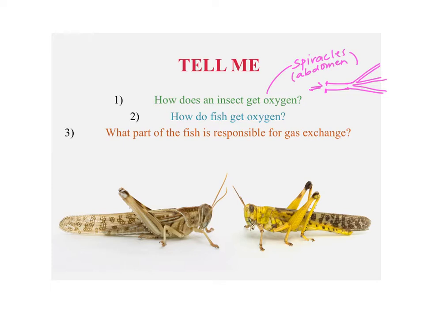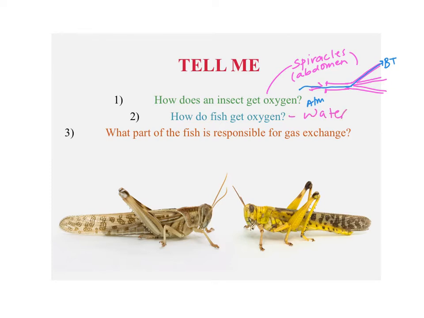If I show the flow of gas using some blue, we're going to get diffusion, movement from a high to low concentration from the atmosphere to the body tissues, down those tracheoles into the body tissue, and likewise carbon dioxide will come back.